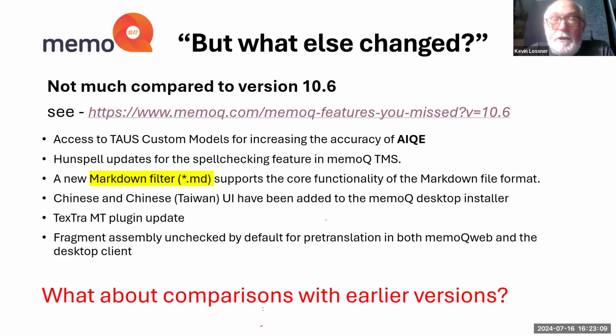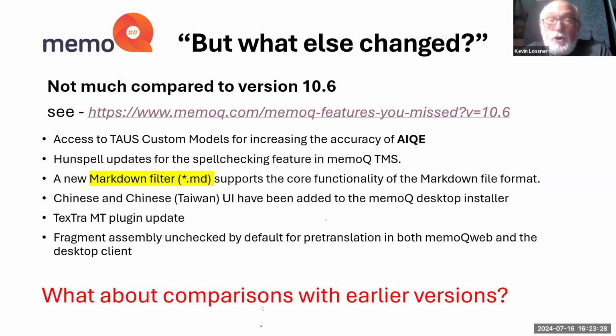Probably they're going to be getting a nasty letter from the Chinese Communist Party over that second part. And who knows, maybe they'll threaten to bomb Budapest or something as a result. But memoQ seems to be trying to help everybody in the Chinese speaking world.